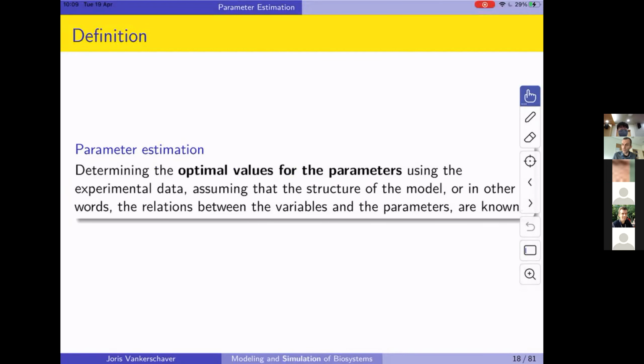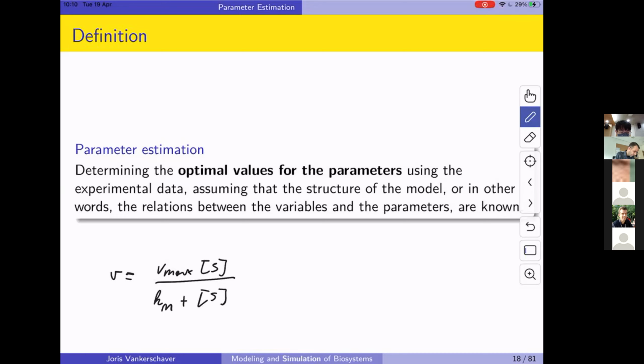So for instance, we had the Michaelis-Menten model, where the speed at which the product is produced depended on a maximum concentration and then a reaction constant and the concentration again.